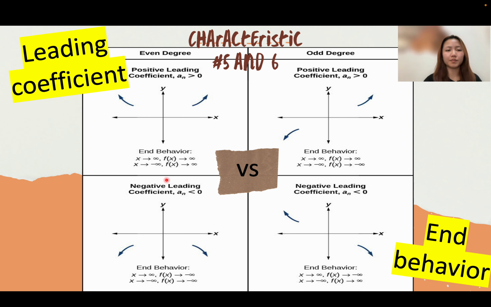When x goes to infinity, f(x) goes to infinity. When x goes to negative infinity, f(x) also goes to positive infinity. It is the same side. When the leading coefficient is smaller than 0, it is also the same side. This one is an even degree. If it is an odd degree, it means opposite sides.